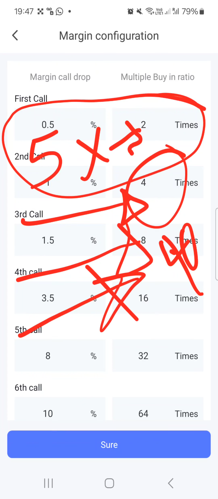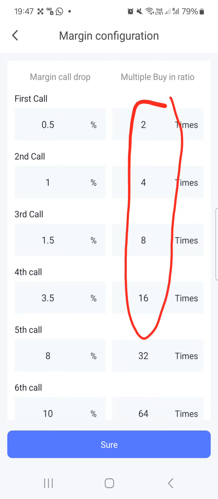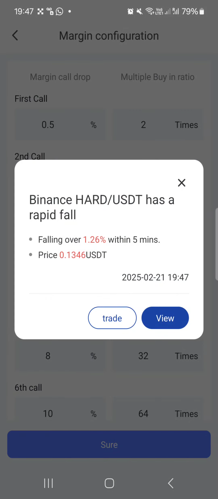It is going to multiply by the multiple buy-in ratio. The multiple buy-in ratio is multiplying your first buy amount. If your first buy amount is $5, it will multiply this by 2, 5 times 2.